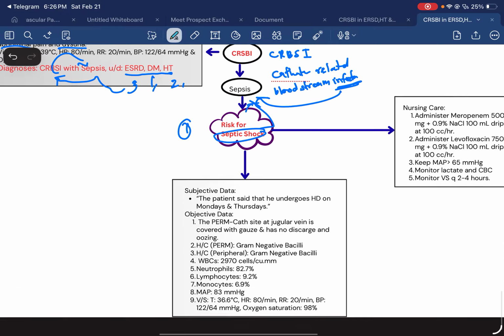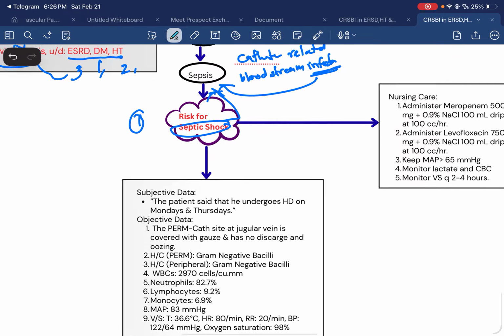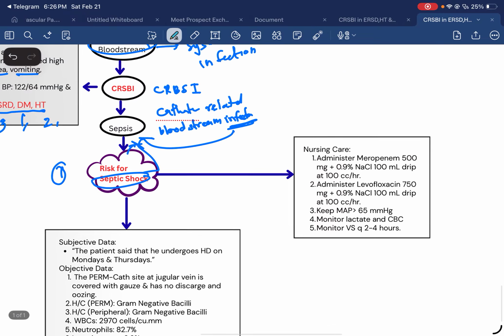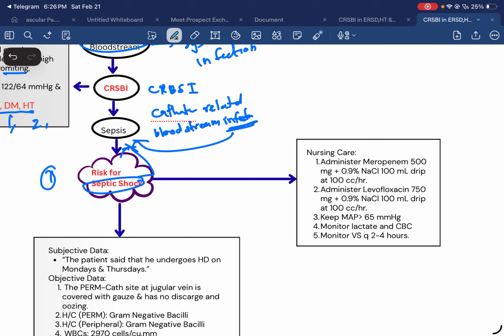So nursing care for this patient with risk for septic shock is to administer antibiotics such as meropenem. The doctor ordered 500 mg, and another is levofloxacin, and we need to keep the mean arterial pressure above 65, and we will monitor lactate, CBC, and vital signs.